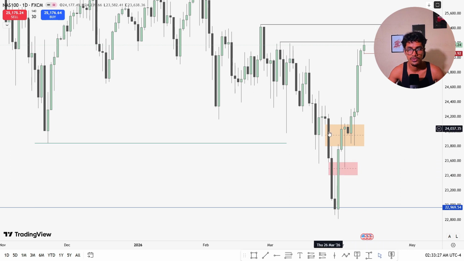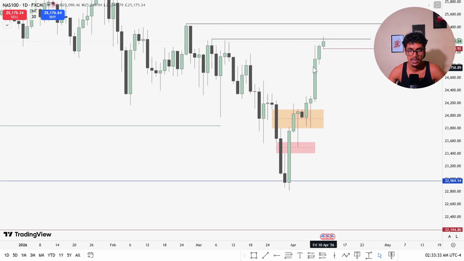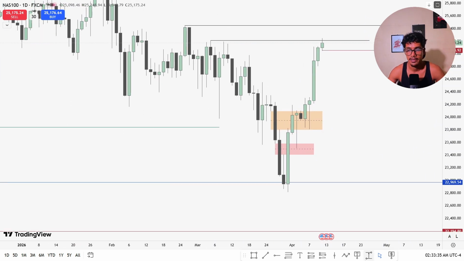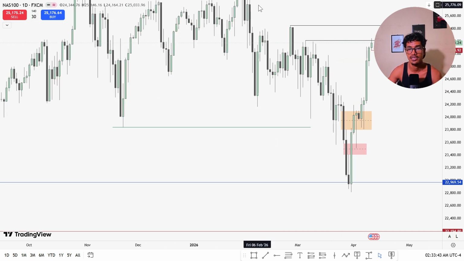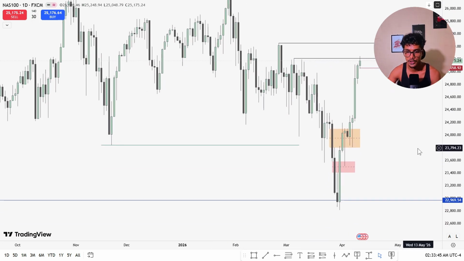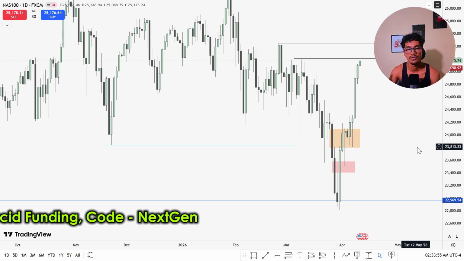As you can see, if you look here, we had two CBs right here, sell side imbalance, buy side inefficiency. So what do you expect usually? Whenever we see CBs, we expect price to retrace into these imbalances then sell off, right? Because as you can see, we're in a bearish condition, but there's another way to use these fair value gaps, because not every time price will respect all those CBs or all those BCs.